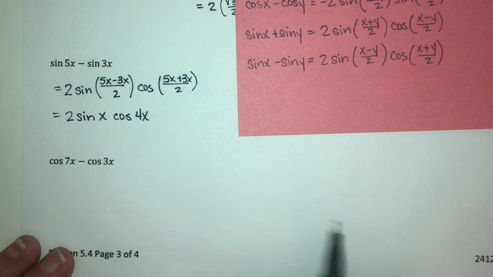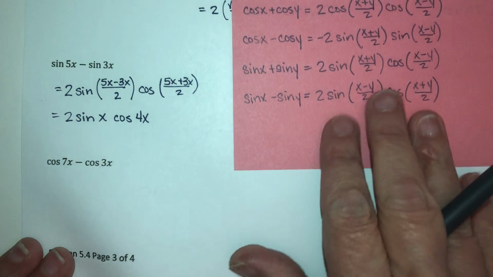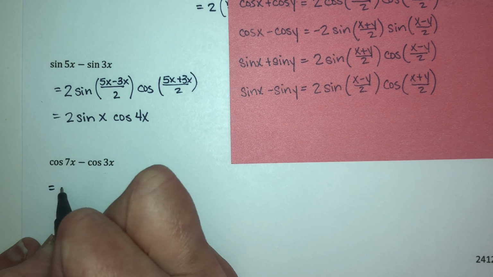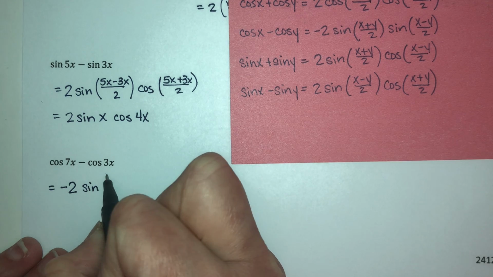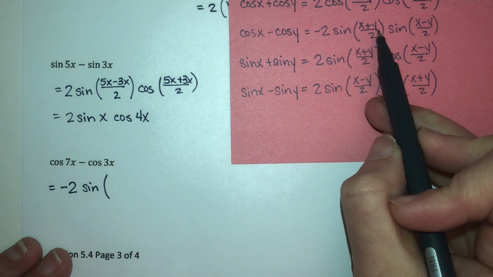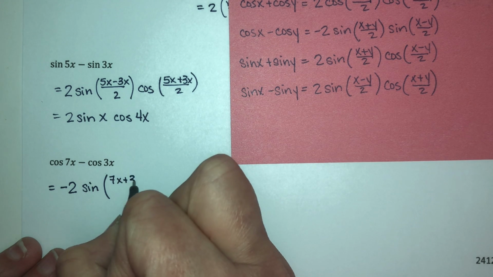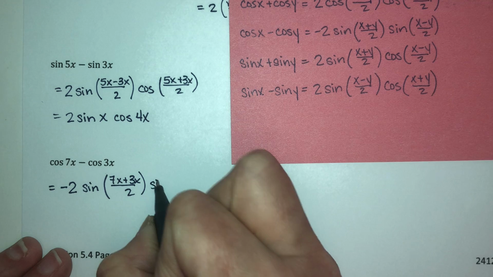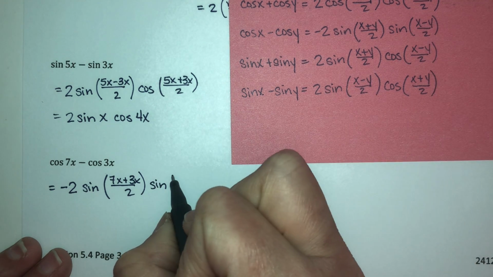Okay. Now cosine of 7x minus cosine of 3x. Cosine minus cosine equals negative 2 sine of, add them together, divide by 2, so 7x plus 3x divided by 2. Sine of, subtract them and divide by 2.